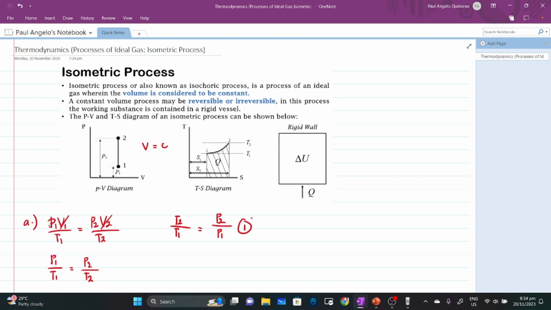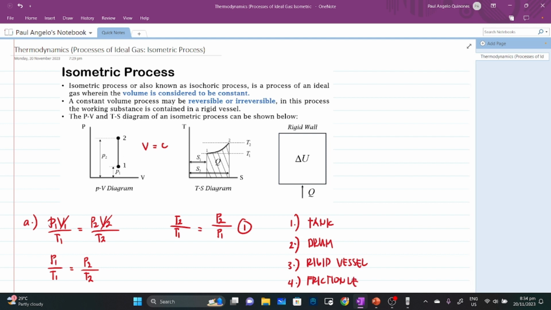Next, take note that in some problems, they will not tell you that the process is constant volume. So what are the keywords when we are dealing with constant volume? Number 1, you are dealing with a tank, a drum, a rigid vessel, or sometimes a frictionless vessel.